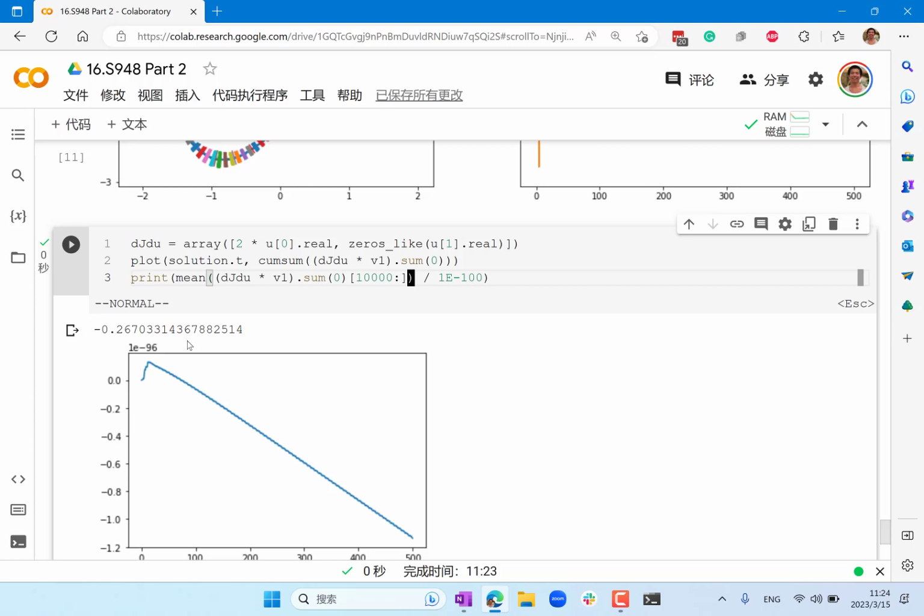So why is that? So what are we missing here? Smaller time step? Not actually, because we are only computing part of the sensitivity, right?